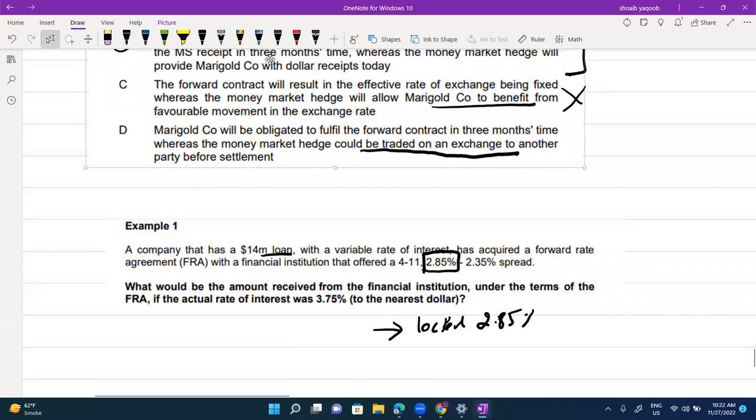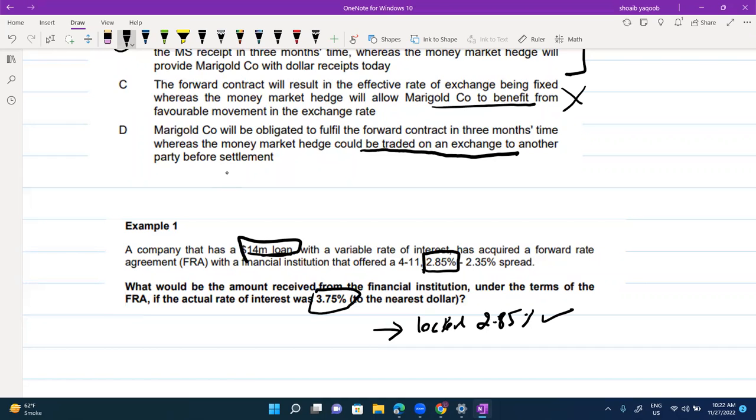So guys, if interest rate moves to the mark 3.75, आपको gain होगा, आपको loss होगा. You have locked 2.85, market moves to 3.75. Loan लेना है आपने. You have locked 2.85, market moves to 3.75.